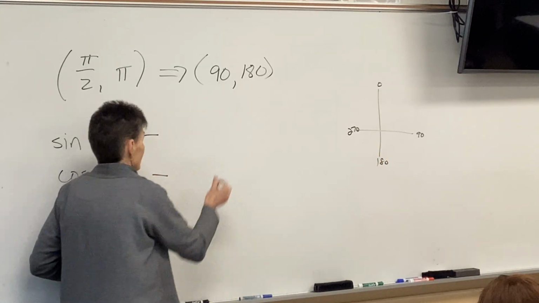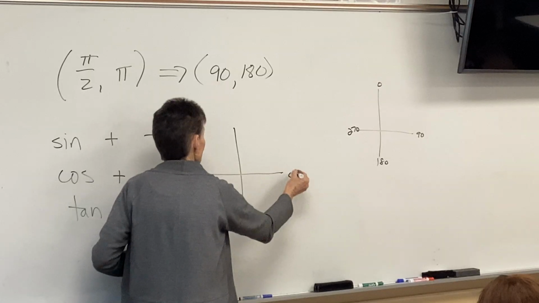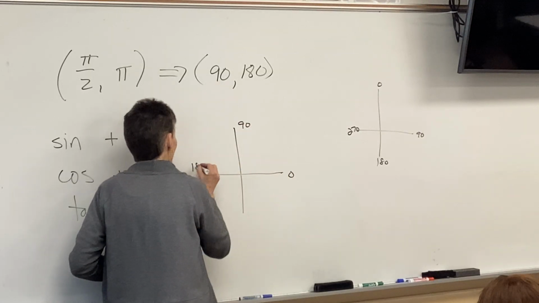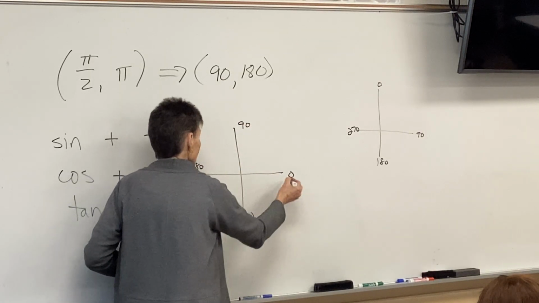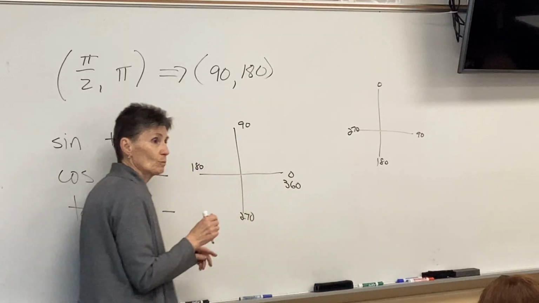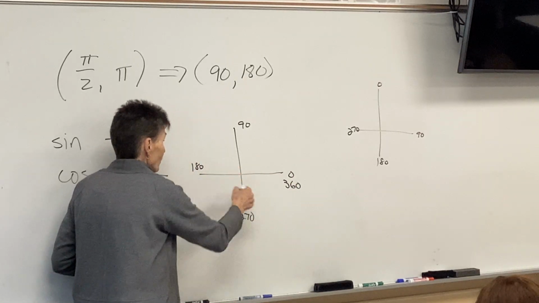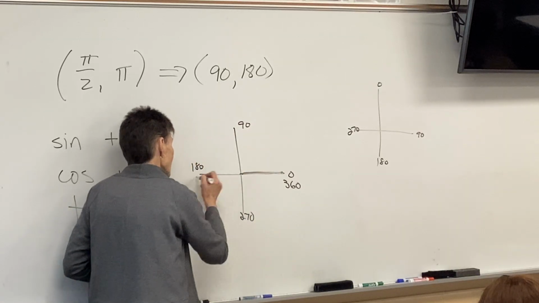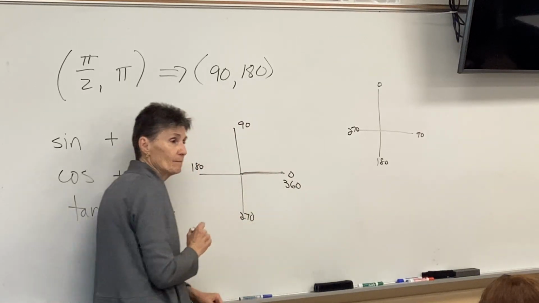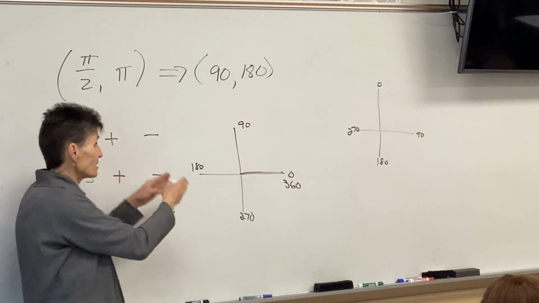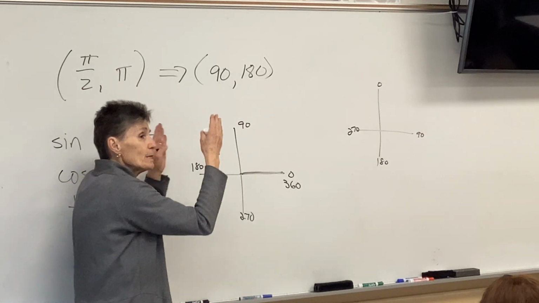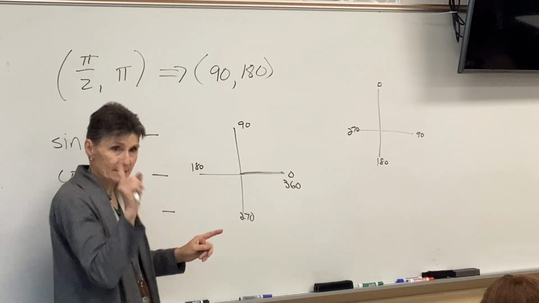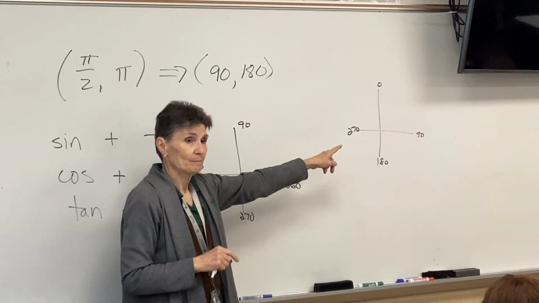Everything else, these are the labels that are used. I know it's confusing. I can't help it. I didn't make the rules. These are the labels. 0 is here, 90, 180, 270, 360. These are used in every single problem except navigation.